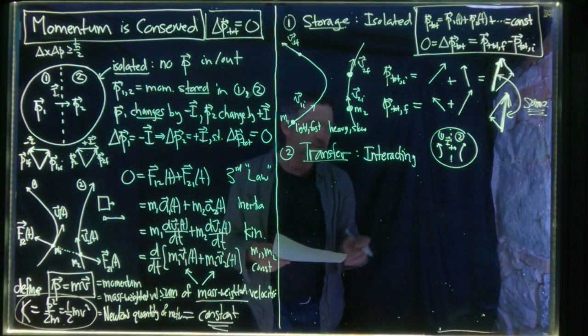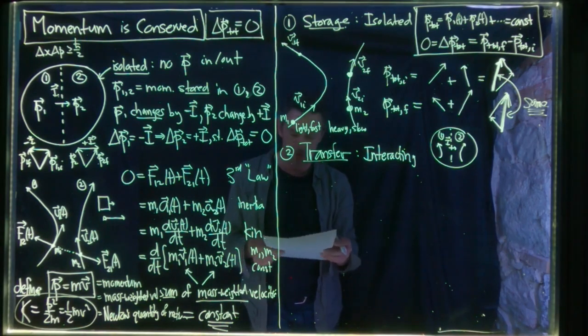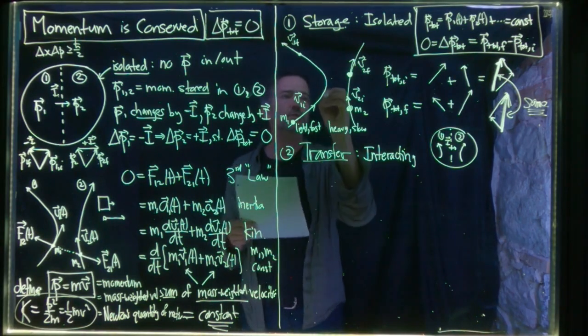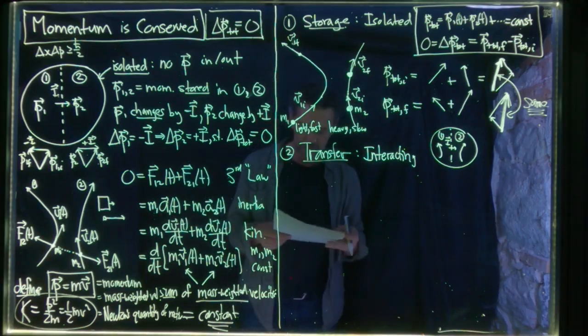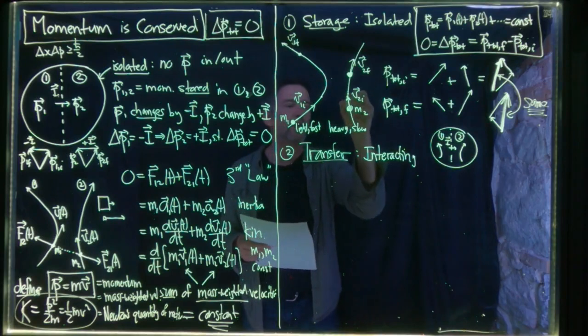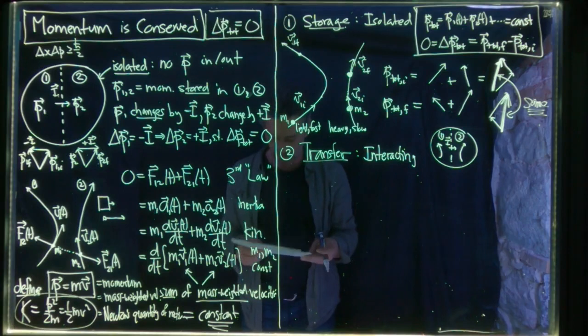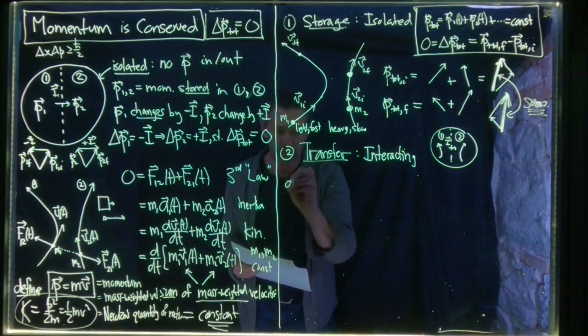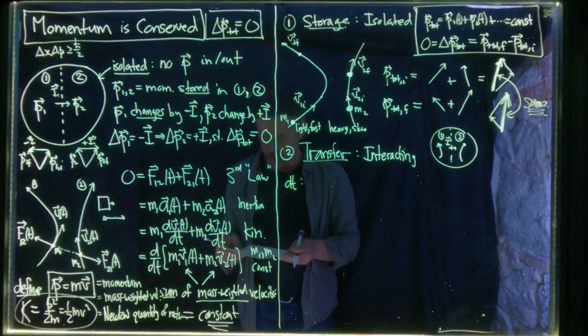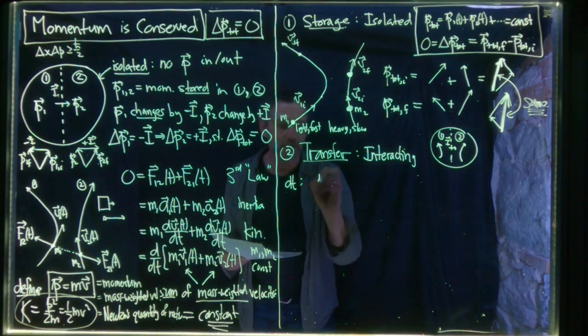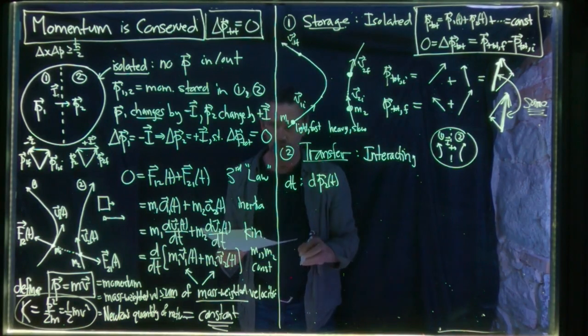Okay, so the idea is during a very small interval of time dt, the particles are just going to move, say, from here to here and from here to here. So during an infinitesimal time interval, we're going to look at how much the momentum in particle number 2 changes. Okay, so in an infinitesimal amount of time dt, in the calculus sense of dt, we have the change in the momentum of particle number 2, that's dp2.